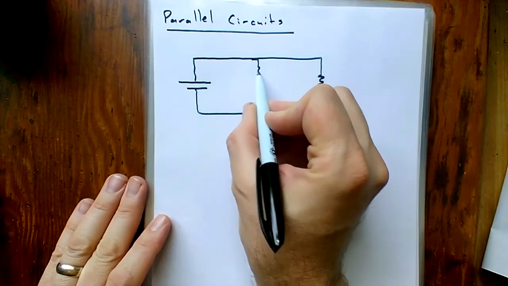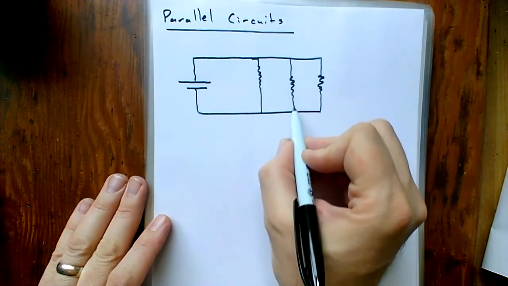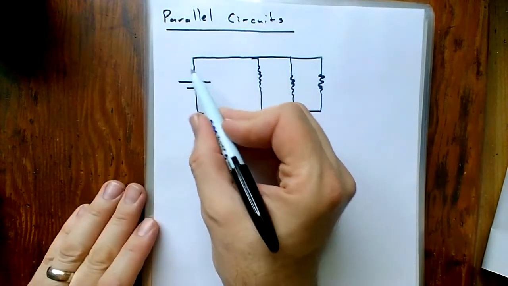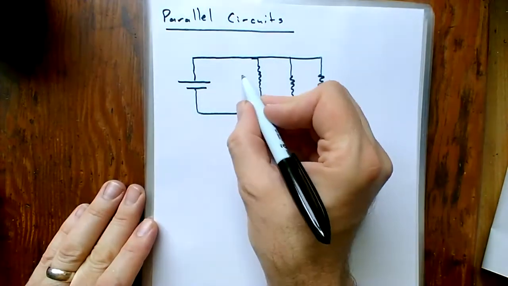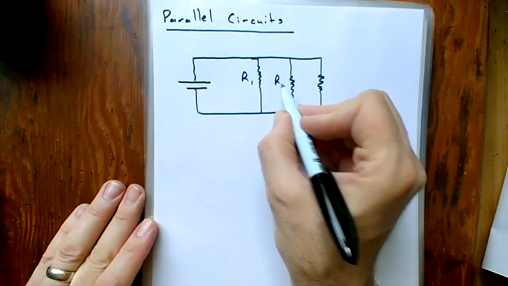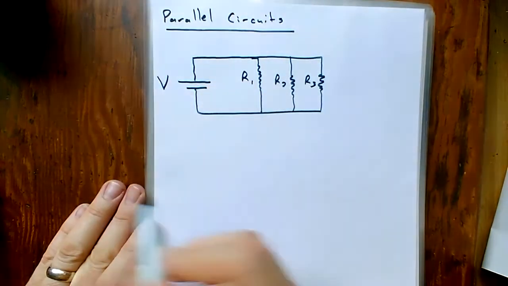It could be written as a loop with several different branches. So literally, I could choose one, two, or three different branches, and we're going to have different resistors and whatever our voltage is.